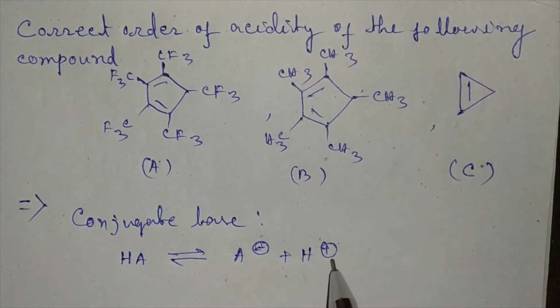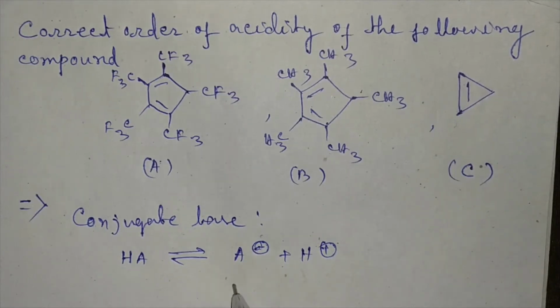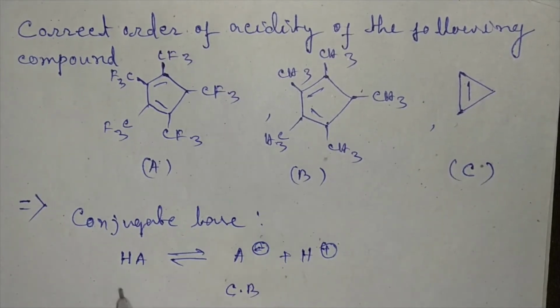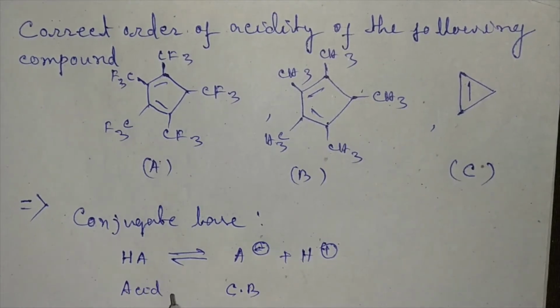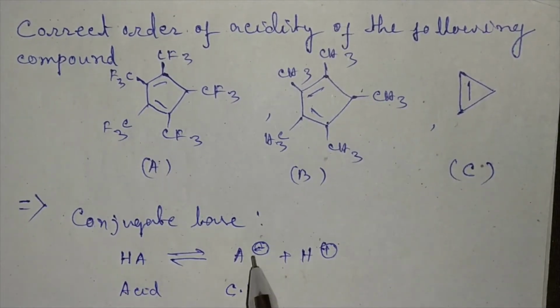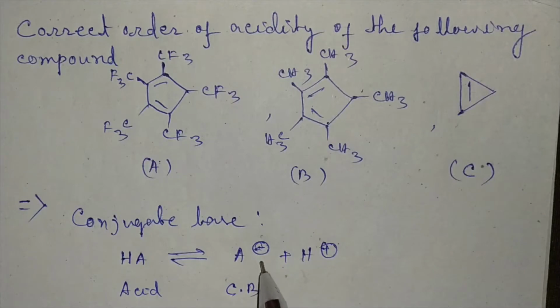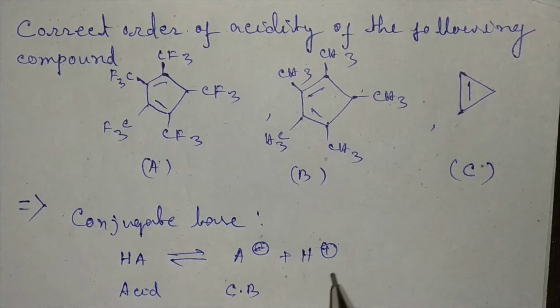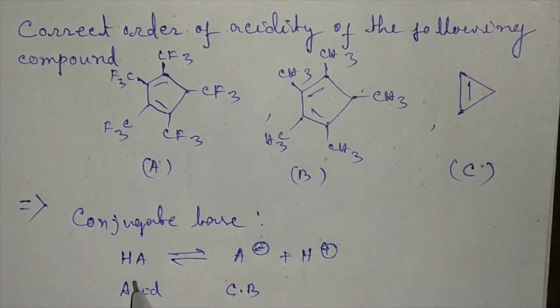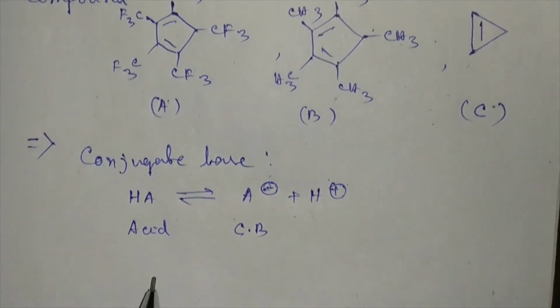An acid gives H plus in aqueous solution and A minus, that is an anion. It is called the conjugate base of this acid. If the stability of this conjugate base is higher, then the equilibrium will shift towards the right. That means higher will be the concentration of H plus and higher will be the acidity of this acid.